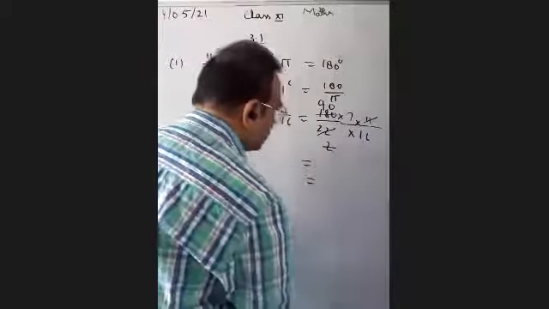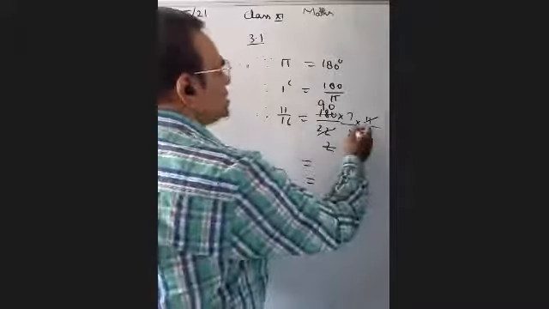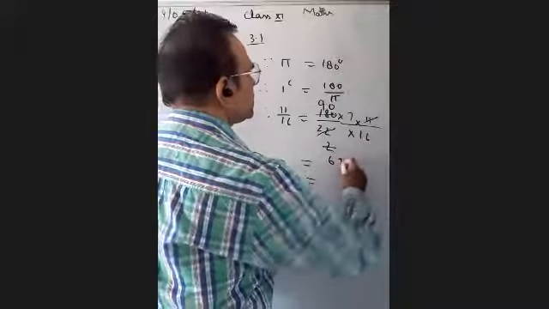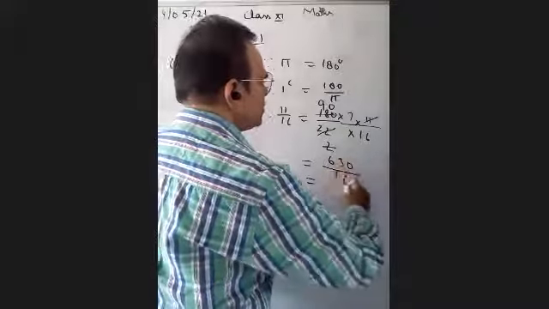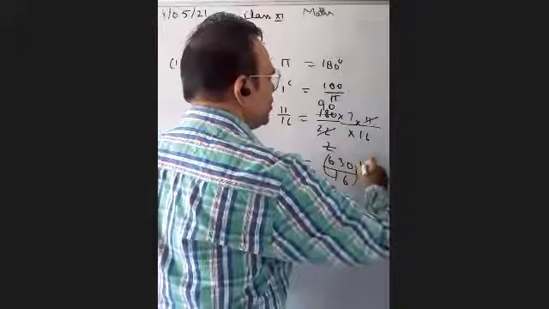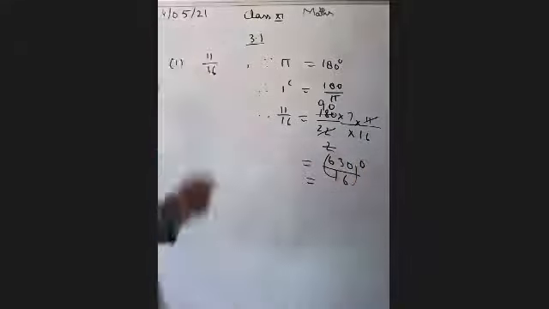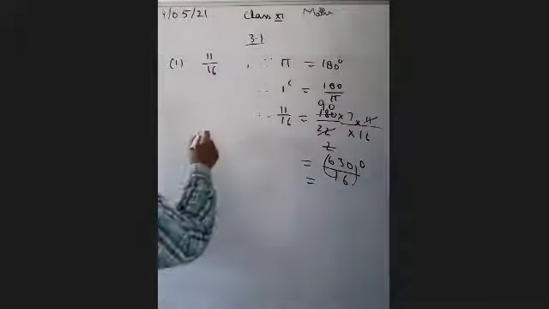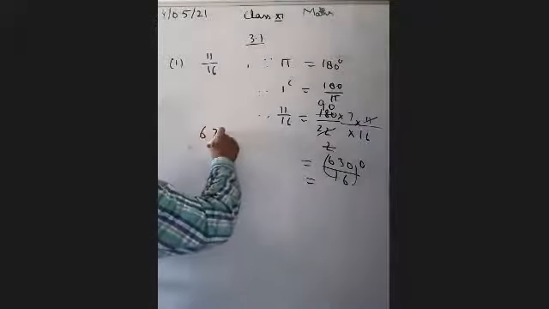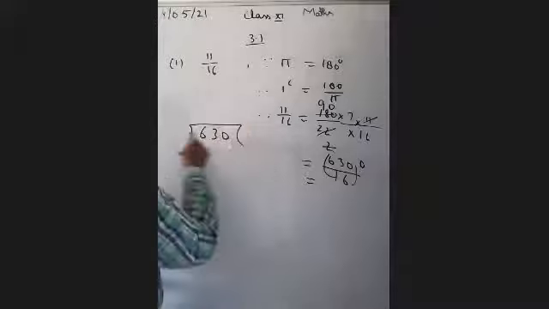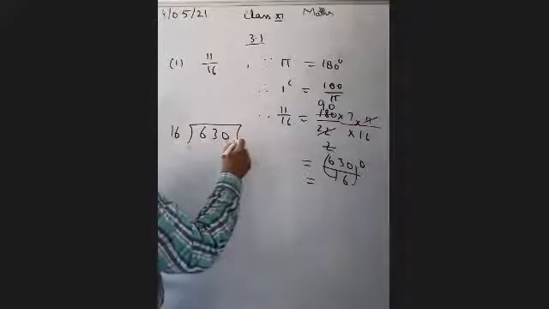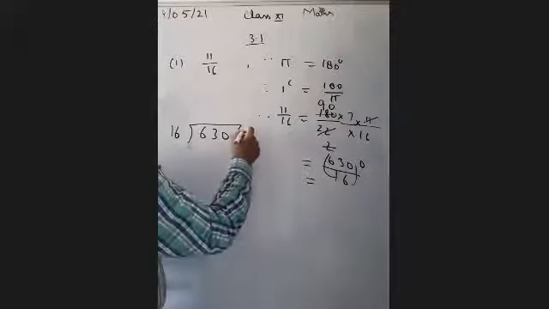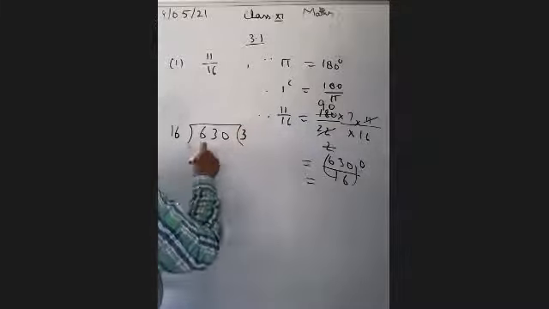If you write in fraction, so what will be the answer? 630 upon 16. This is in degree. If you want to convert into decimal, 630, so just see here 630. If you divide by 16, 16 3s are 48.